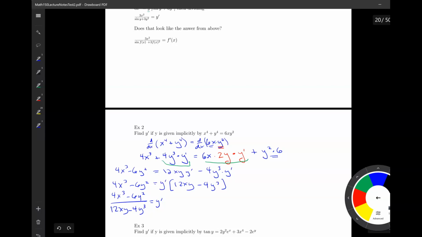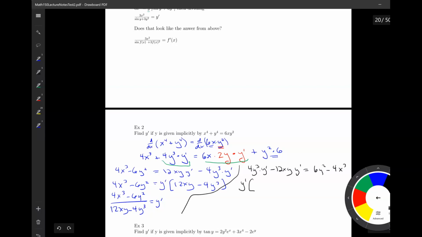Okay, so I just want to play devil's advocate here and say, what if I had chosen the other side? What if I had said, I'm going to keep this guy here and subtract this over, and then I would have this 6y squared minus 4x cubed. I want you to see the difference.